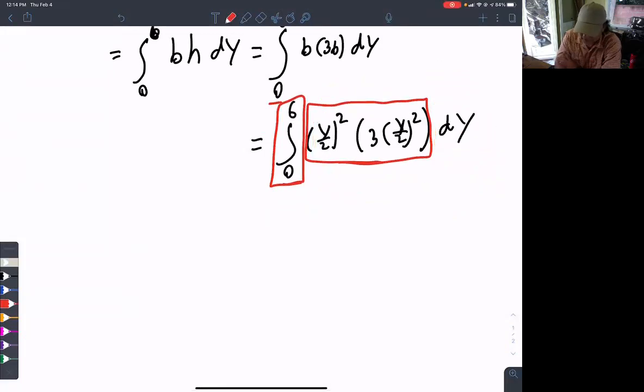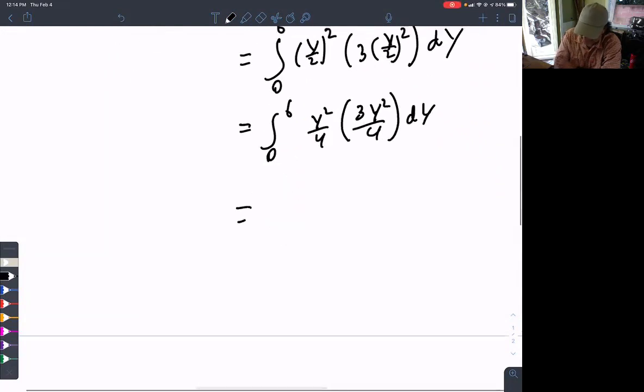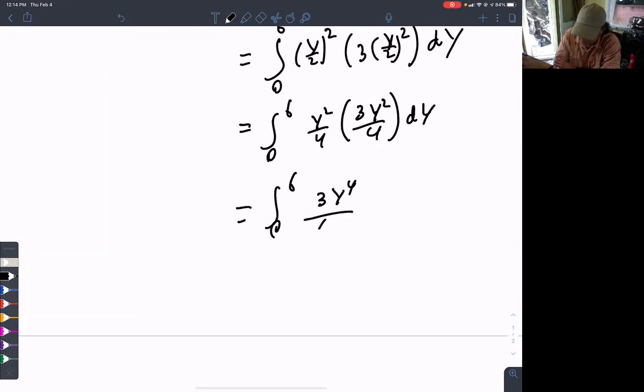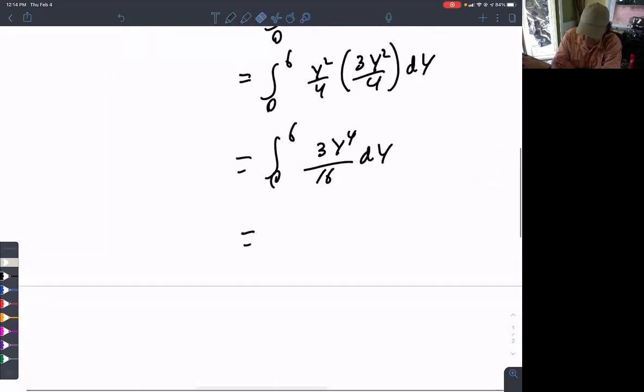Let's go ahead and do this for fun. This is y squared over 4, 3y squared over 4, and this ain't so bad. That's going to give me 3y to the 4th over 16, and we use the power rule. What's the power rule say? The power rule says add 1 to the exponent.